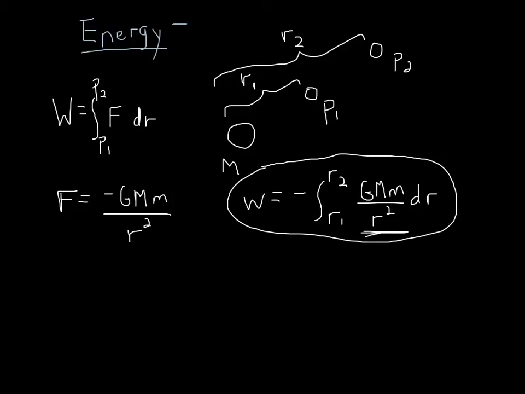So I can rewrite this a little bit differently. I can rewrite it as work is equal to negative G times m, where I just pull all those variables outside of my integral since they're constants, from two positions r1 to r2, and I'm just going to rewrite this 1 over r squared as r to the negative 2 times dr, so that I can use my power rule involving n equal to negative 2 in this case.